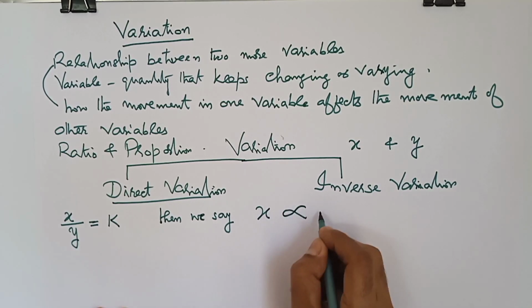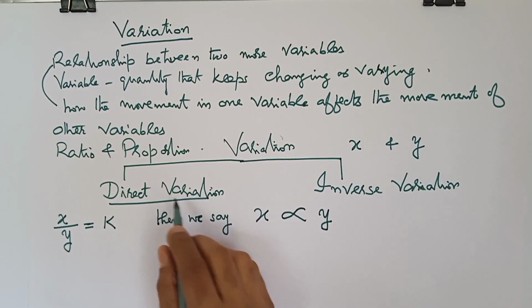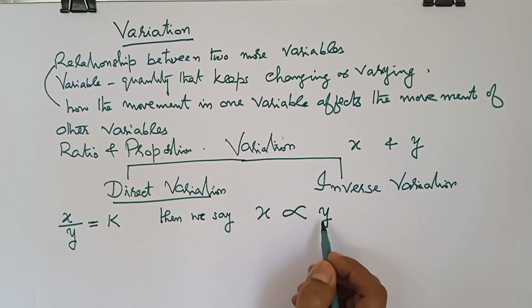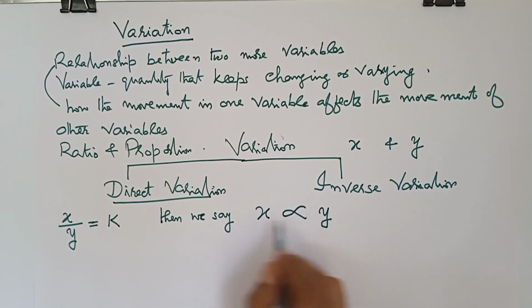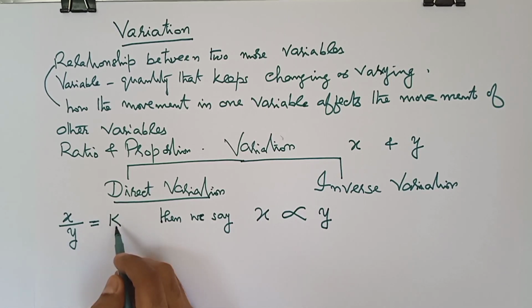Mathematically, you write it like this. So this is the definition of x being directly proportional to y, or x varying directly as y. These two variables change in such a way that their ratio always remains the same.